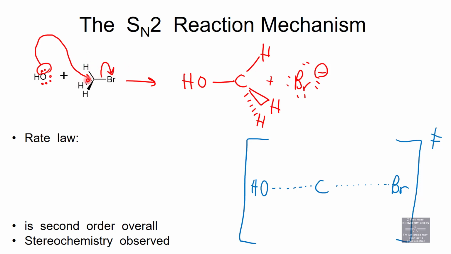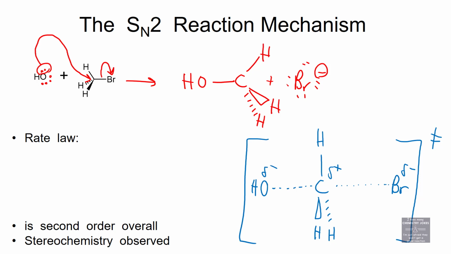My hydrogens were all pointed left up here, and now they're all pointed right. I actually did that on purpose, believe it or not. It goes through this sort of planar-looking structure in the transition state where all of the hydrogens are kind of trigonal planar, all in one plane here. That carbon in the middle is partially positive, bromine's partially negative, hydroxide partially negative.